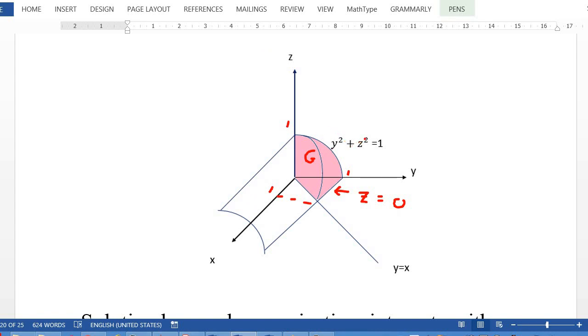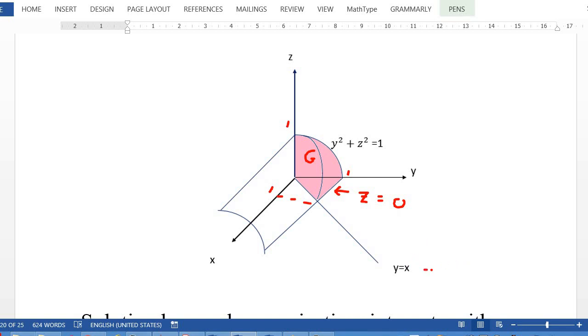It's actually y squared plus z squared equal to 1 without the x variable. This cylinder is parallel with the x-axis. The projection is on the zy plane. Then you can integrate with respect to x first. For x, you need the limits.